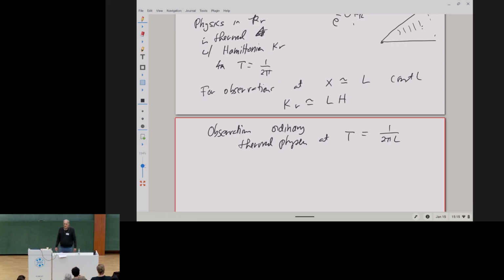The Hamiltonian is L times the ordinary Hamiltonian, so it's as if the temperature was 1 over 2 pi times L. To be a little bit more detailed about that, in case it was confusing, e to the minus 2 pi K_R we approximate for observations near x equals L as e to the minus 2 pi L times H. And so you see that the effective beta at L is 1 over 2 pi L. So for observations near x equals L, you'll see approximately ordinary thermal physics, but at a temperature that's inversely proportional to L.